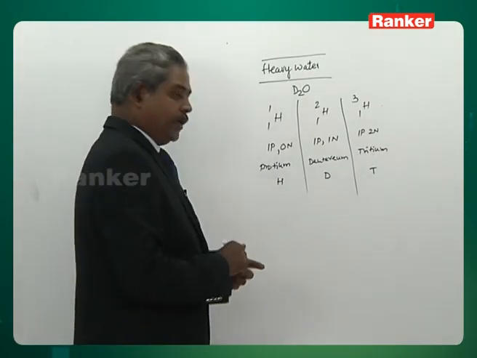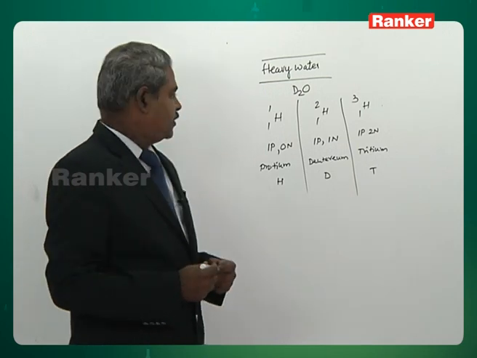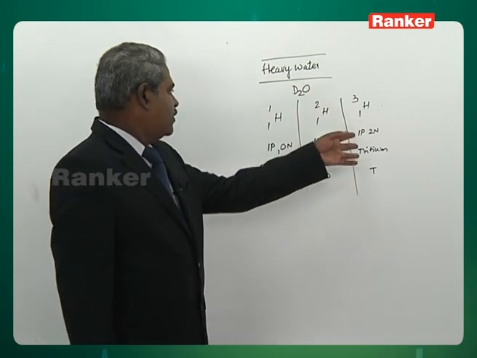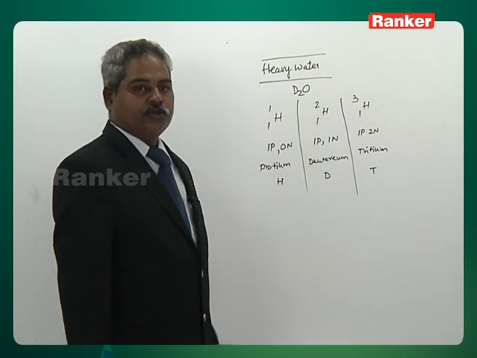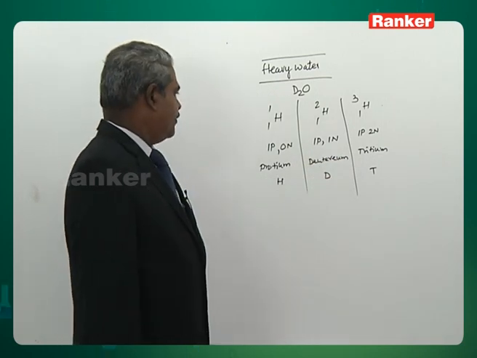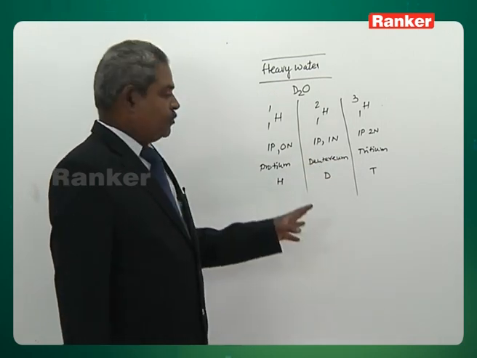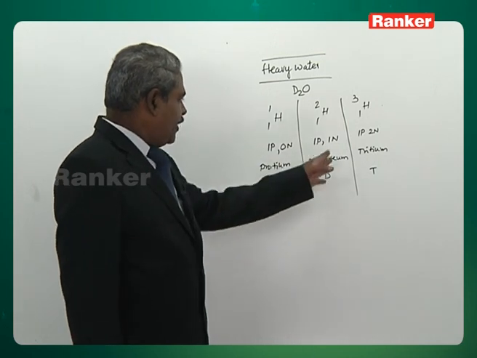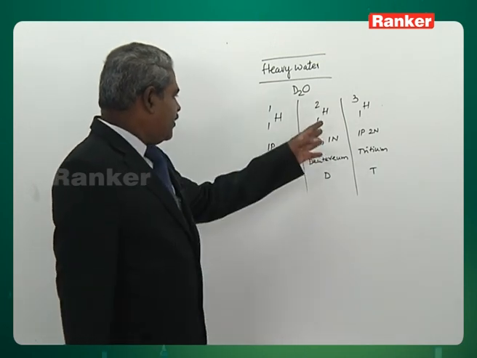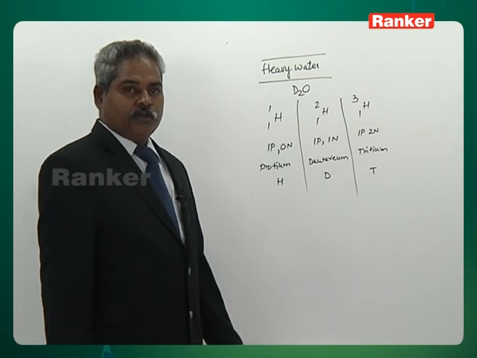Only the isotopes of hydrogen have different names. You can't expect every isotope everywhere to have a separate name. Protium, deuterium, tritium. It is heavy because it has more neutrons.